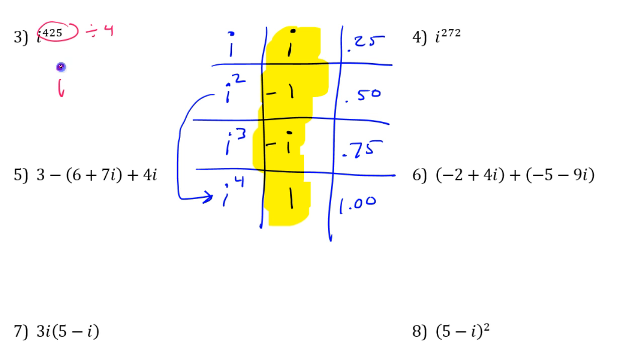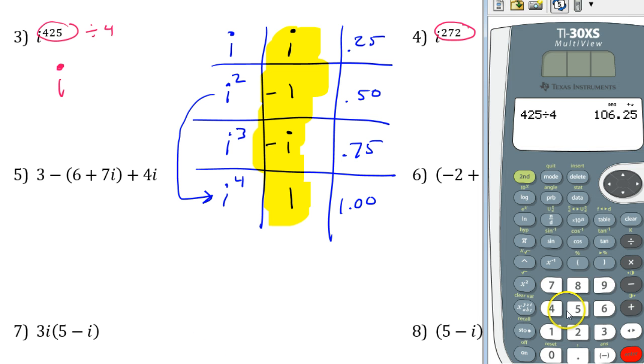Okay, can I make this bigger? Sometimes it disappears. Watch to see if that dot disappears. Now I'll do the same thing over here. I'm going to take this 272 and divide by 4. You always divide by 4, I guess because there are 4 possibilities.